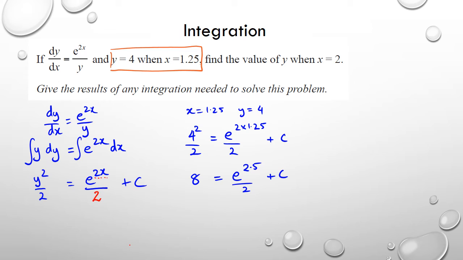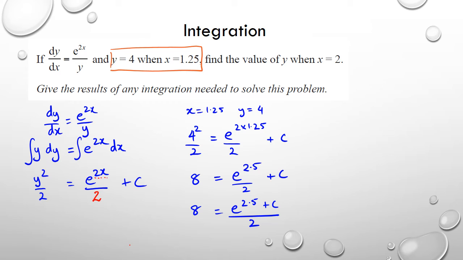Now in this particular case, remember I told you guys I don't have to worry about c. I can do anything to c and just leave it as it is. So I could actually cross multiply, or even just write it like this: 8 equals e to the power of 2.5 over 2 plus c. I'll do it like this so you guys can see what happens.